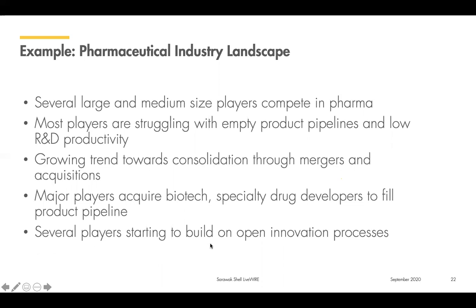Another trend is that several players in the pharmaceutical industry are having an open innovation process where they invite others to come in and do a hackathon to come up with solutions relating to maybe information management systems, or customer service and all that.